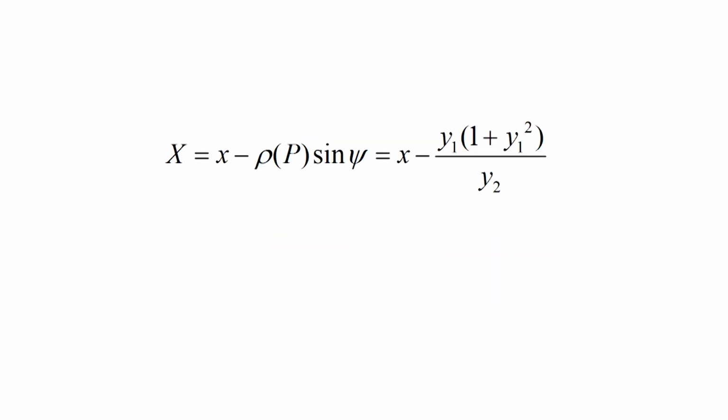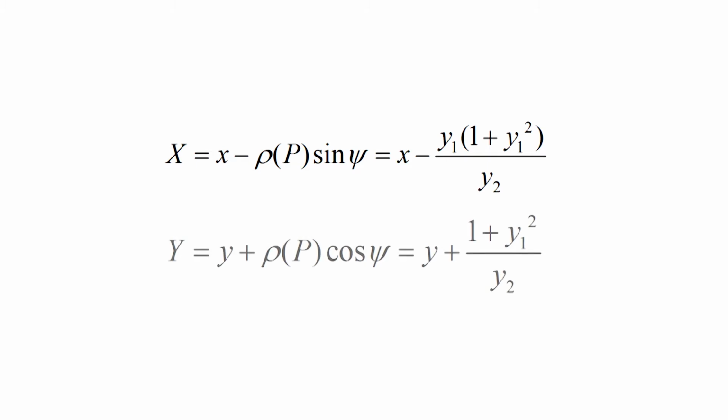So, uppercase X is equal to x minus rho of P times sin psi, which is equal to x minus y1 times (1 plus y1 square) divided by y2, and uppercase Y is equal to y plus rho of P times cos psi, which is equal to y plus (1 plus y1 square) by y2.